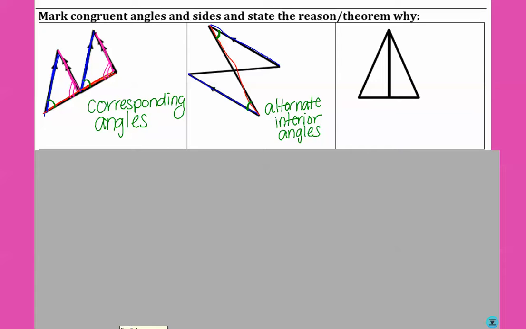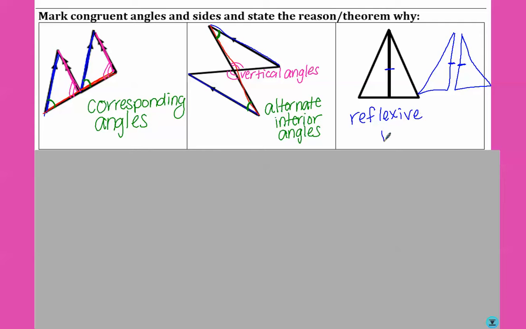We can also use the fact that these angles are vertical angles to prove that those are congruent. And in our third picture, technically we have two triangles that look like this, but they've been stuck together. They share this side, which means this side is congruent. They're the same, which we know because of our reflexive property.